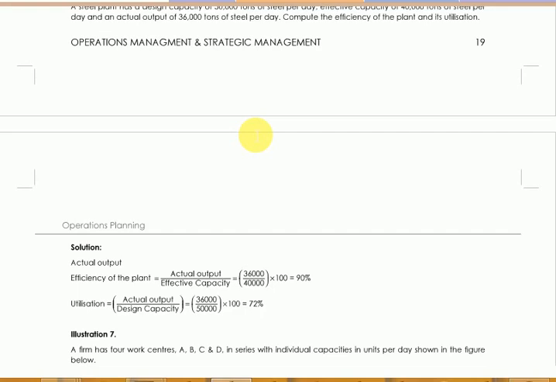We cannot say that it is very good, but it is also not unsatisfactory. There is a difference of almost 18%. If you subtract 90 minus 72, we get an 18% difference between efficiency and utilization. This is nothing but the meaning of the second problem.